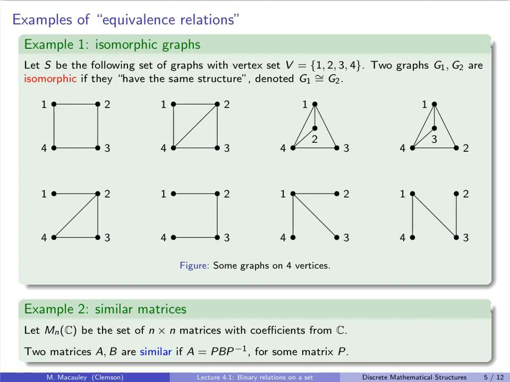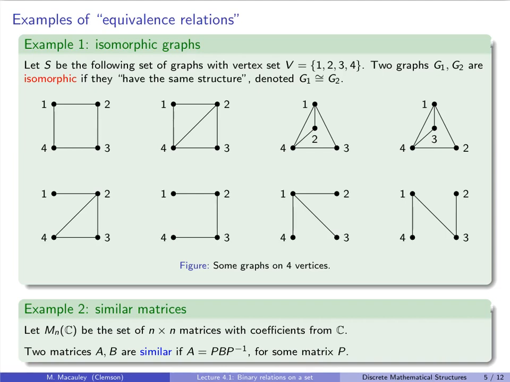We say that 2 matrices, A and B, are similar if A equals P B P inverse for some matrix P. Now, in a basic linear algebra class, you will learn that similar matrices enjoy a lot of nice properties. For example, they have the same eigenvalues and therefore the same determinant and the same trace.